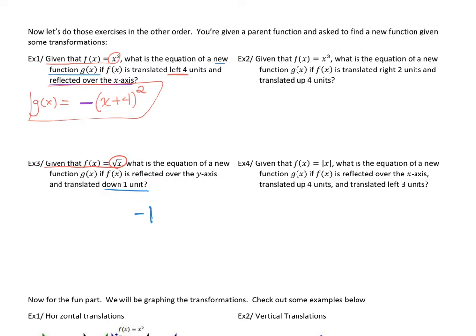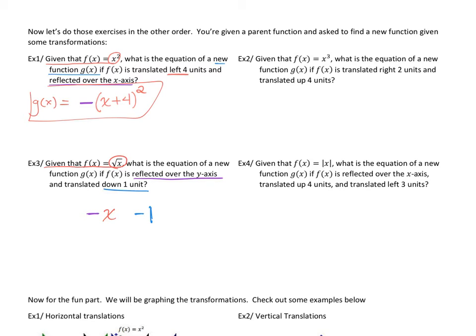And let's see, I know that the reflection over the y-axis means there will be a negative directly in front of the x. So this negative, let me do this, reflected over the y-axis in purple, this negative will be hanging out directly in front of the x. Directly, not outside in front of everything, but directly in front of the x.